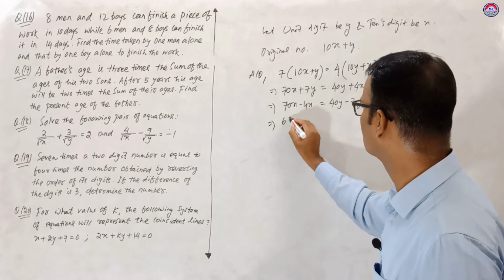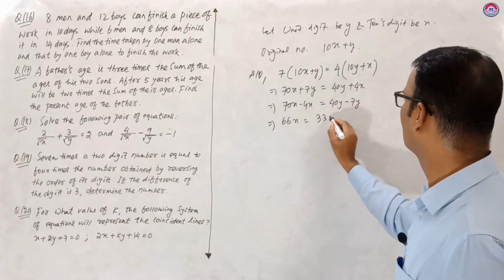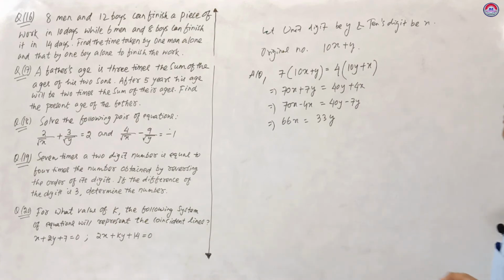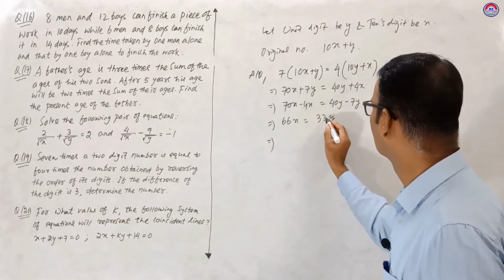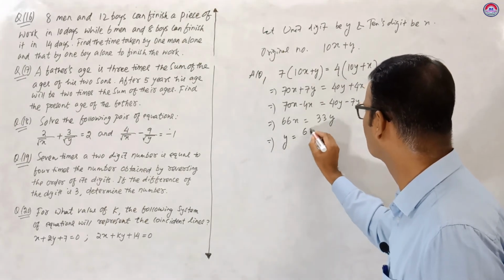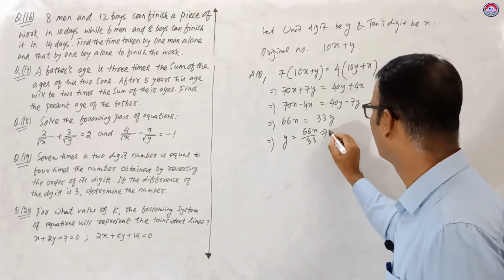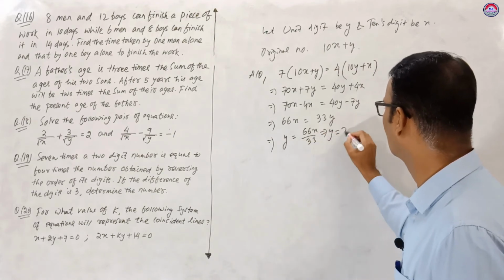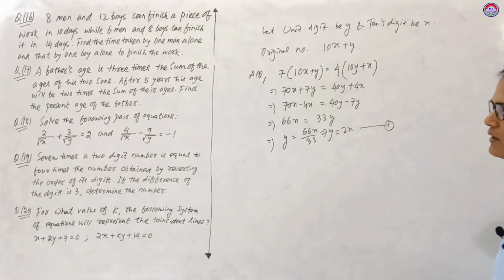That implies 66x equals 33y. So y equals 66x by 33, that implies y equals 2x. So y equals 2x, equation 1.